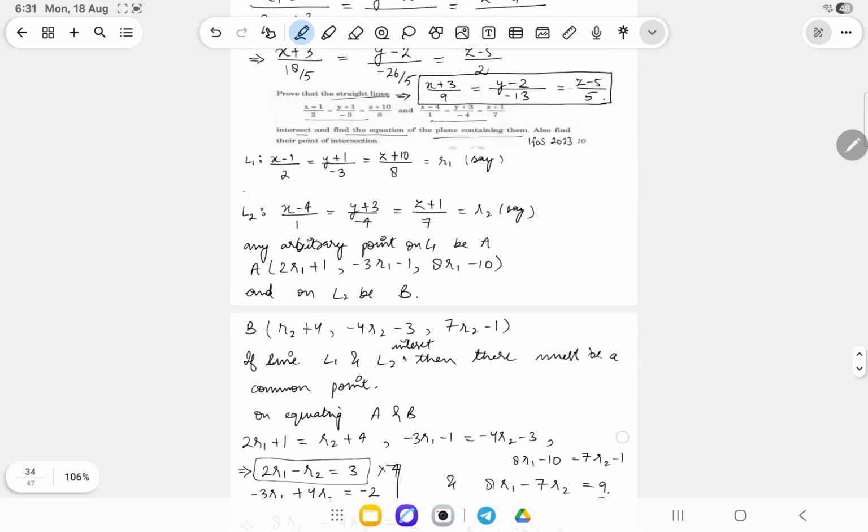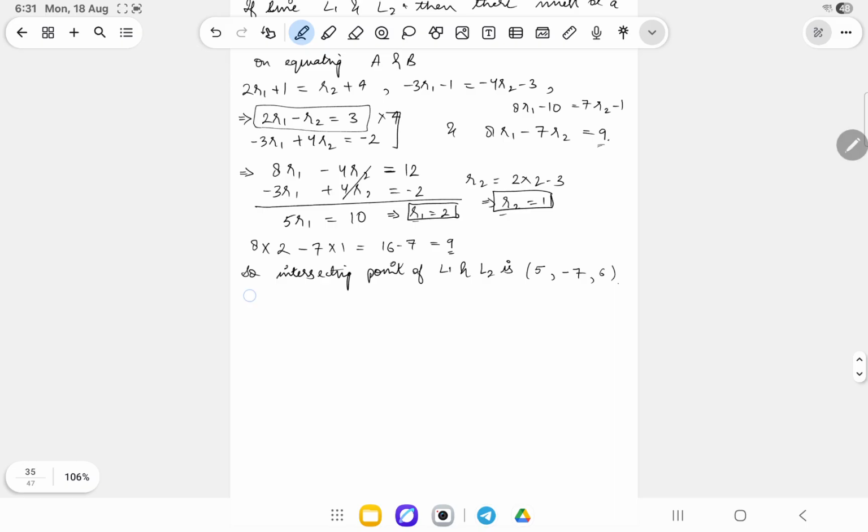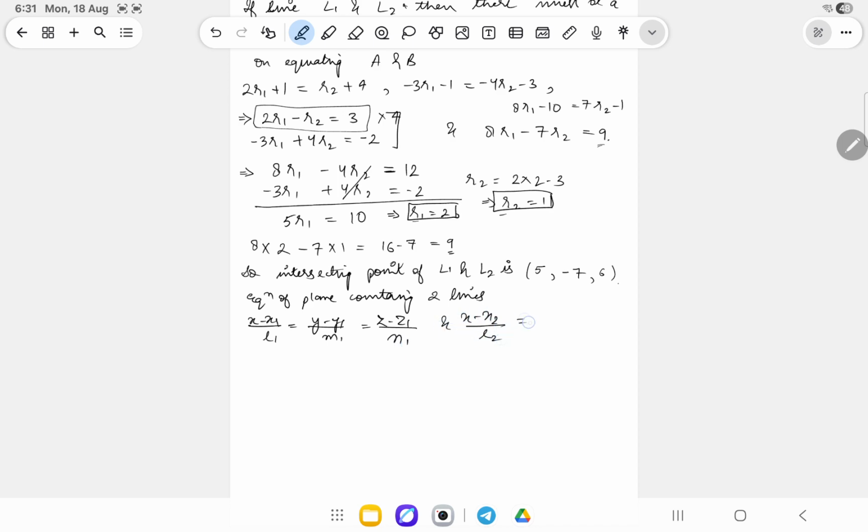So we have a direct formula for this. The equation of plane containing two lines (x minus x1)/l1 equals (y minus y1)/m1 equals (z minus z1)/n1, and (x minus x2)/l2 equals (y minus y2)/m2 equals (z minus z2)/n2 is the determinant with rows x minus x1, y minus y1, z minus z1; l1, m1, n1; l2, m2, n2 equals 0.